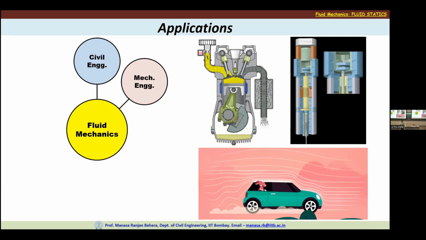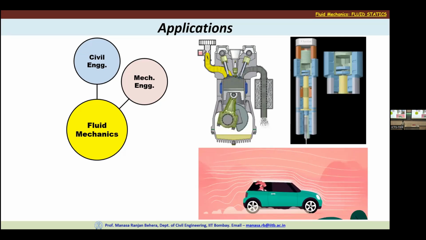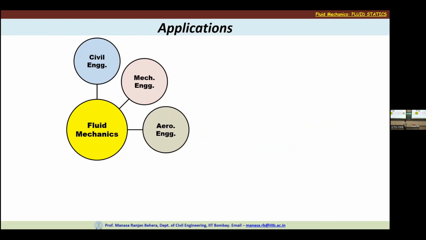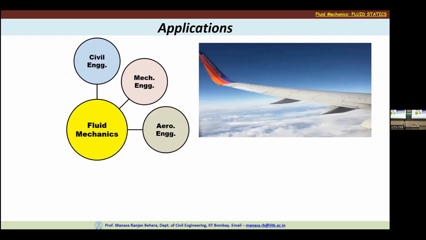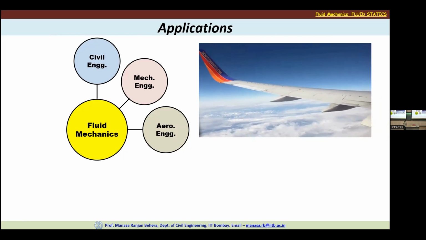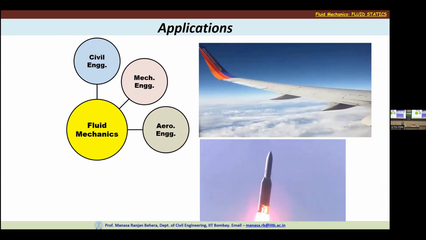Talk about any vehicle, the streamlined bodies, the new designs that are coming up. It's all based on the streamlining of the body and the fuel consumption. Aero, you have a lot of applications of that. I'm just showing one. Again, thousands and thousands of applications.